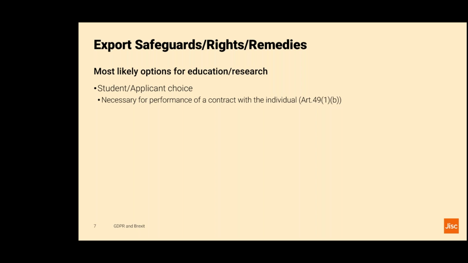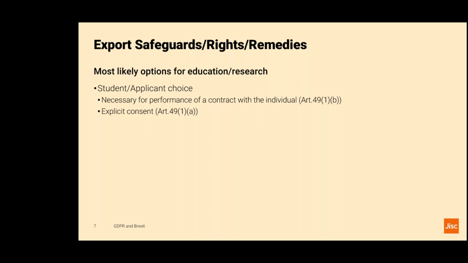So in situations where it's a student's choice, for example, if a student decides they want to study abroad, or an applicant's choice, so somebody from the continent who wants to come and study here, probably the best basis is necessary performance of the contract with an individual. And there are fairly detailed provisions on what has to happen in those cases.